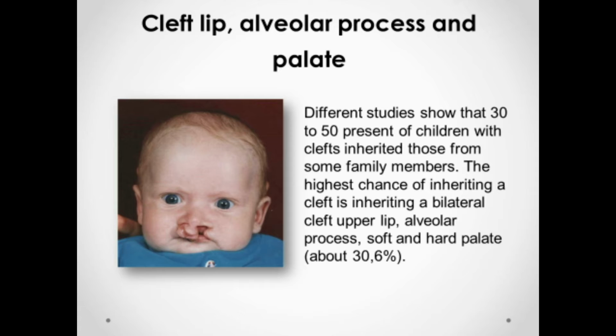Different studies show that 30% to 50% of children with clefts inherited them from some family members. The highest chance of inheriting a cleft is with a bilateral cleft of the upper lip, alveolar process, soft and hard palate, about 36%.